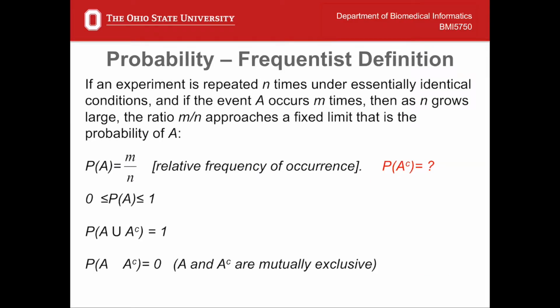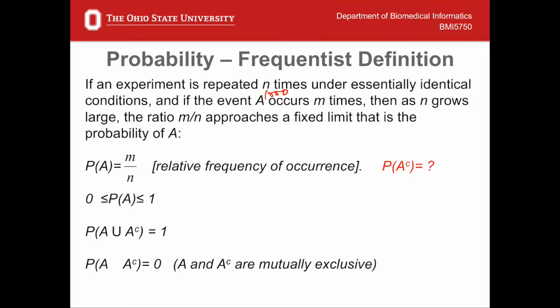Now let me explain probability in the frequentist definition. If an experiment is repeated n times under essentially identical conditions, and if the event A occurs m times, then as n grows large, the ratio m divided by n approaches a fixed limit that is the probability of A. For example, we toss a coin 1,000 times. Each time we are under essentially identical conditions.